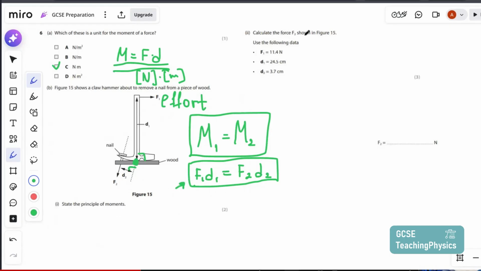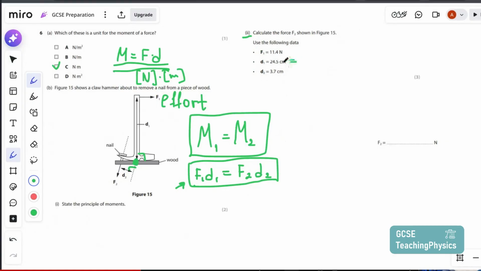Now our task is to calculate, in question 2, the force F2 shown in figure 15. Look, we have all the parameters. Our task is just to substitute them into the principle of moments, and we can calculate force 2. Also make sure that the units are right. We don't like centimeters, right? Our units are newton meters. So we need to first convert.